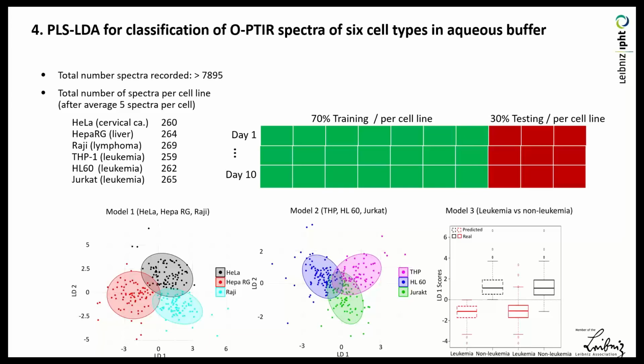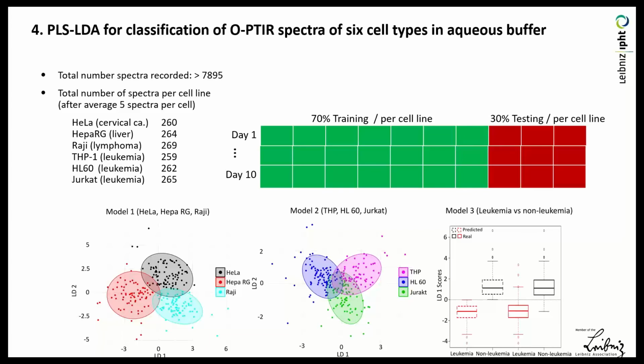And then classification was achieved by partial least squares linear discriminant analysis. And here in model 1, the cancer cells were nicely discriminated. In model 2, the leukemia cells were also well discriminated, with some more overlap.